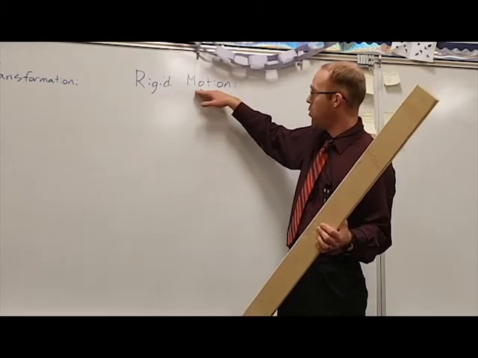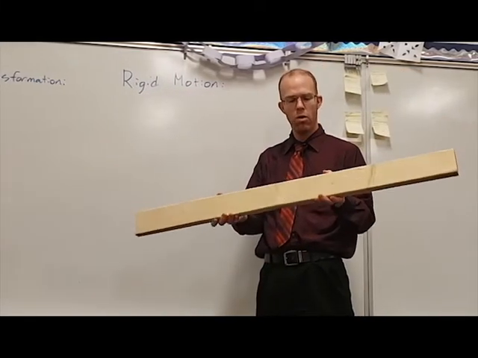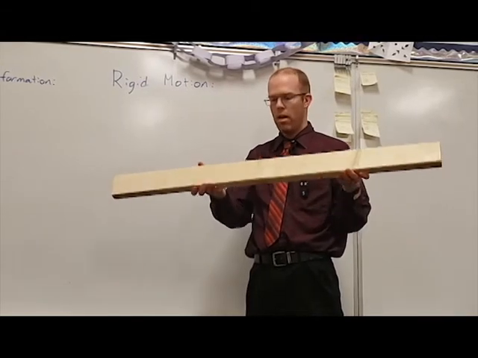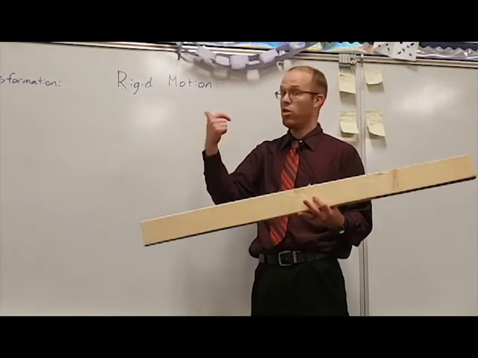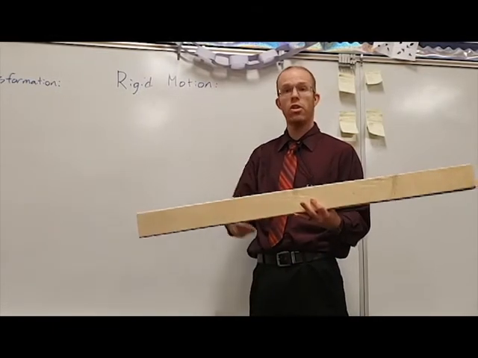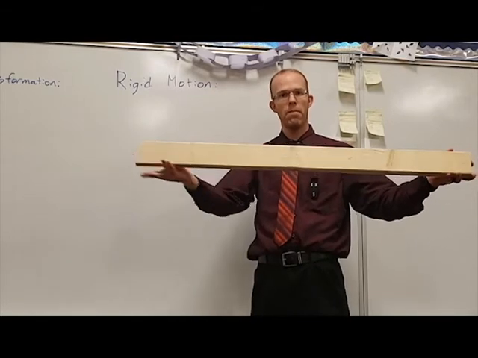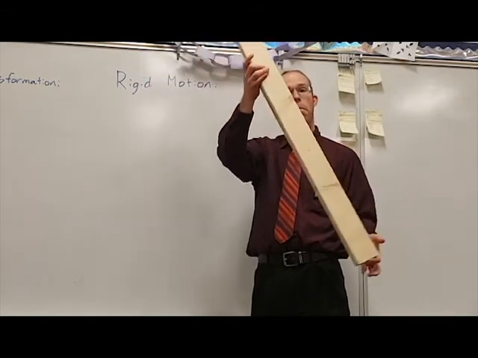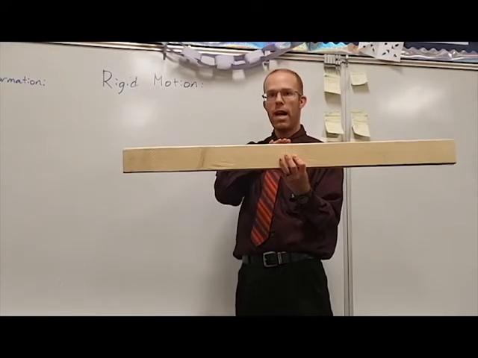Now a rigid motion is something that keeps everything the same. So just like I can't bend or crush or move this piece of wood right here, a rigid motion won't bend or stretch or crush or change the shape in any way. There's a few different rigid motions that we can talk about. If I do a rotation, that rotation did not change the shape of this board at all.